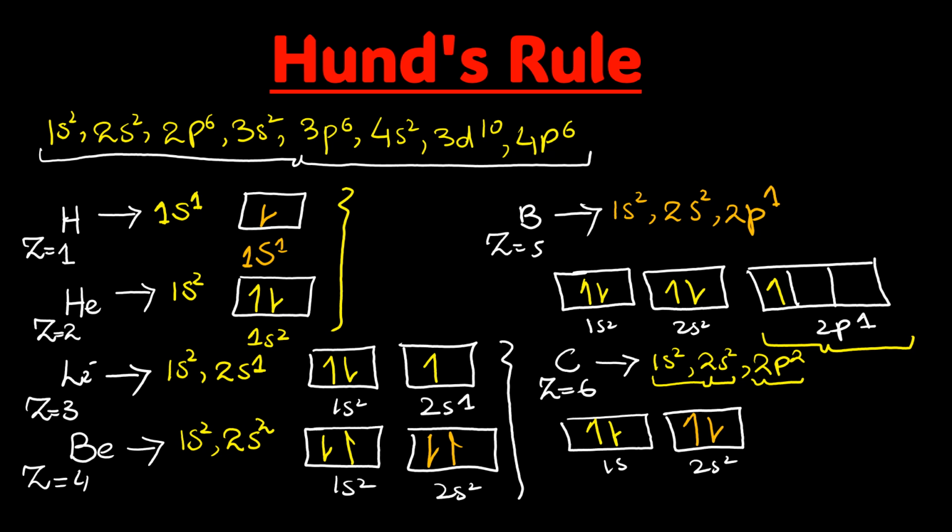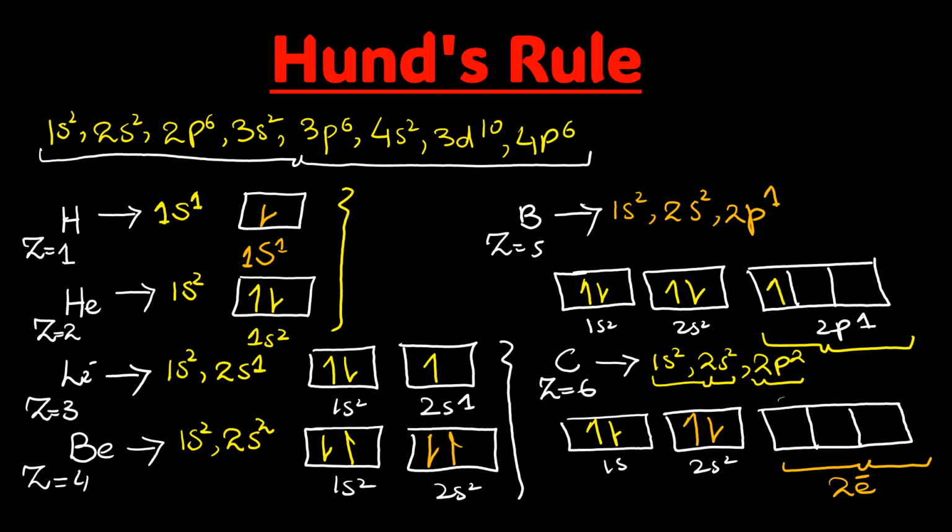The next subshell is the p subshell, and the p subshell can accommodate a maximum of 6 electrons, and every orbital can accommodate a maximum of 2 electrons. Now the question here is that the p orbitals will accommodate only 2 electrons, because the remaining electrons in carbon are two.